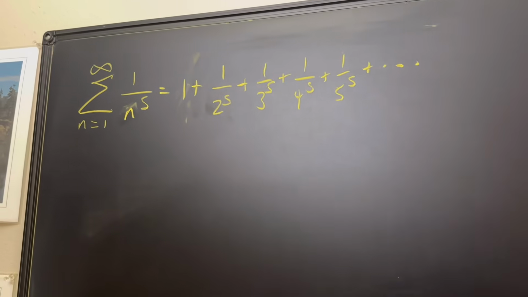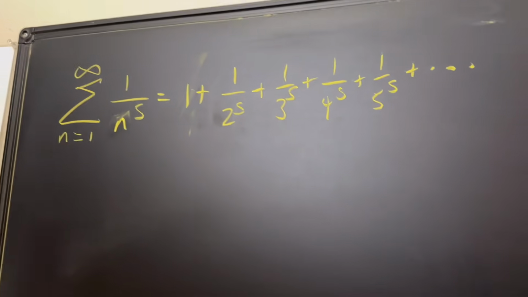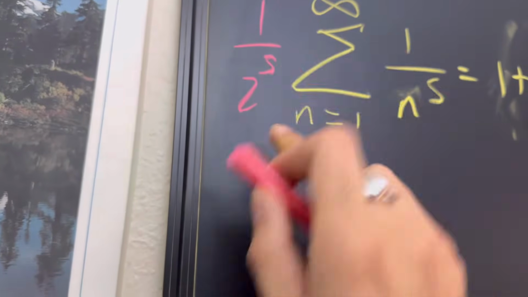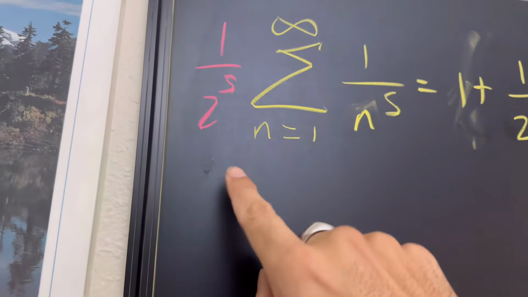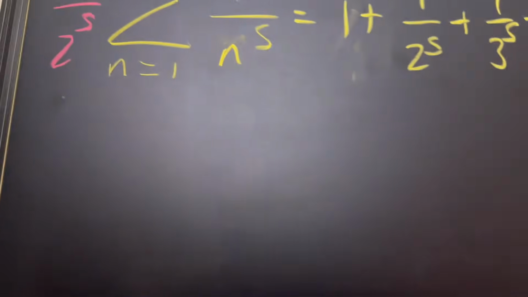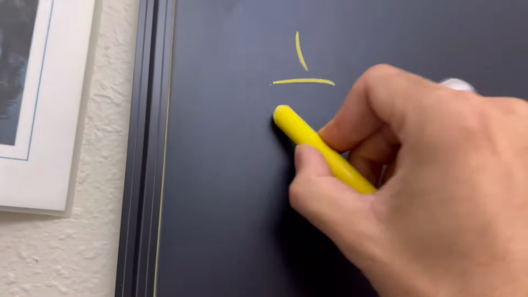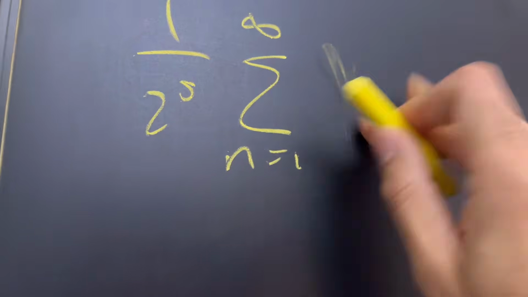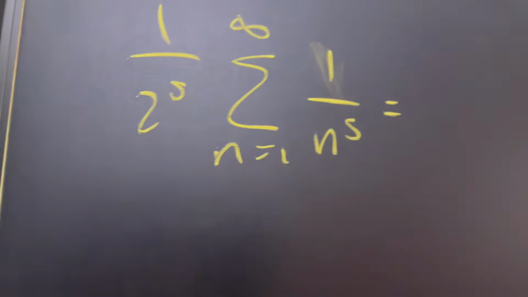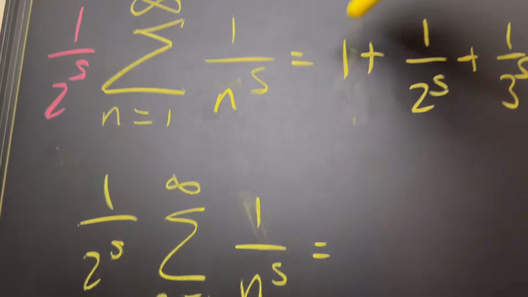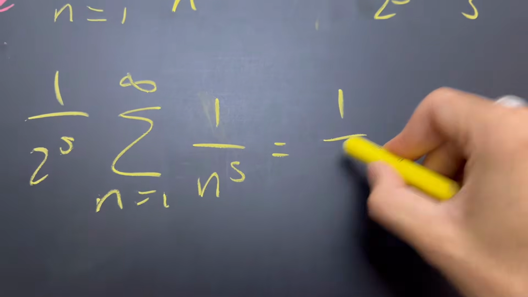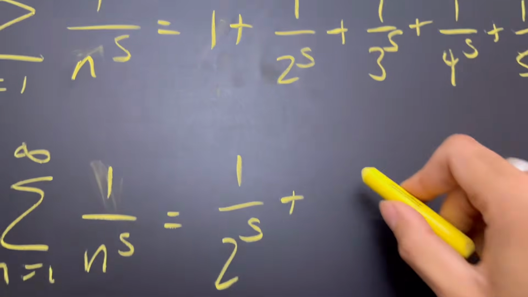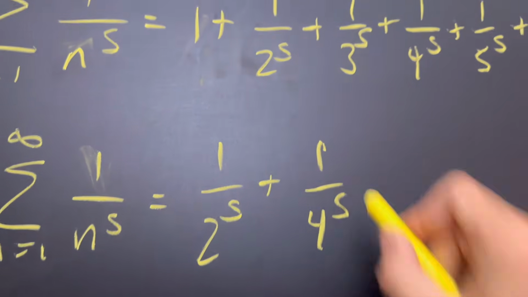But now look what happens when I multiply everything by 1 over 2 to the s. This is our first prime number, 2. So what happens when I multiply everything by 1 over 2 to the s? Well, we have 1 over 2 to the s times the summation from 1 to infinity of 1 over n to the power of s, which equals, when you multiply the 1 times 1 over 2 to the s, 1 over 2 to the s, plus, when you get to this portion right here, 1 over 4 to the power of s.